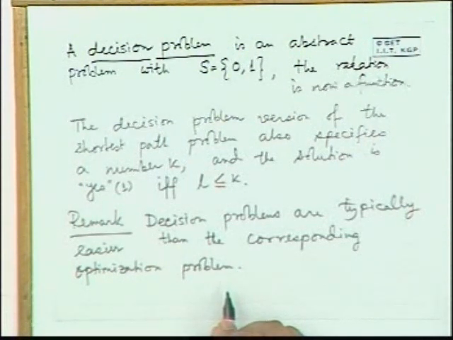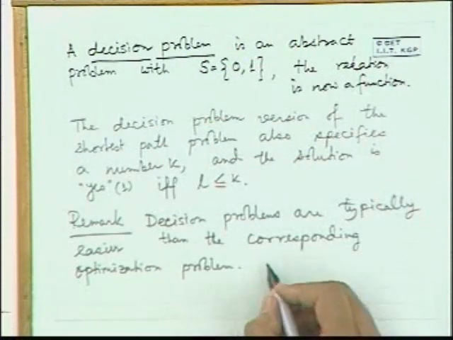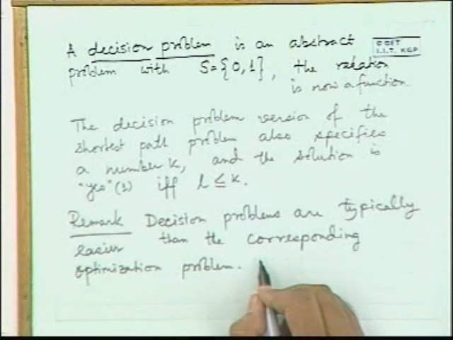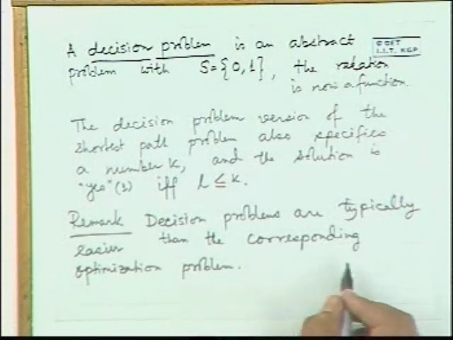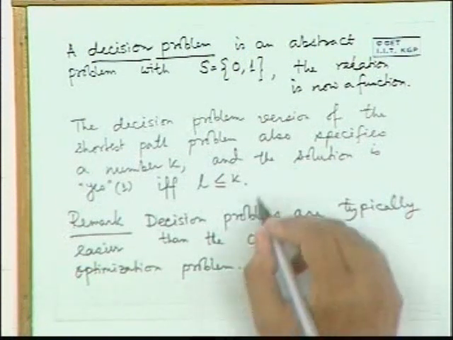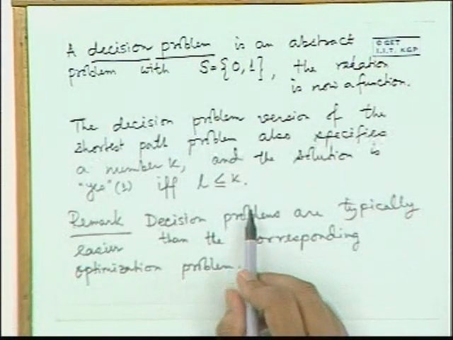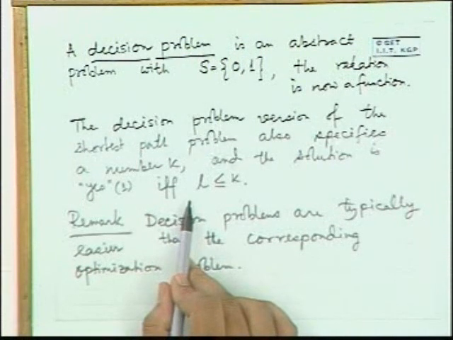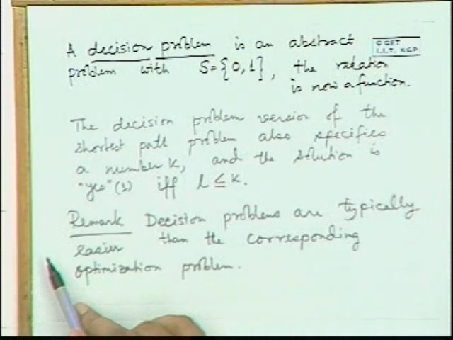So if we prove that a certain decision problem is hard, then its corresponding optimization version of the problem is also hard. Like here in the example, definitely the decision version of the problem is not harder than the optimization version.